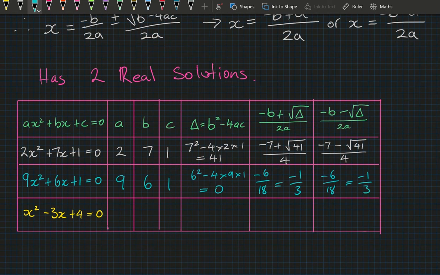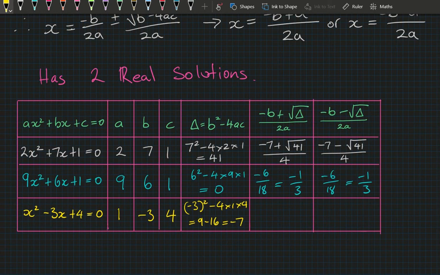Then for our last equation, we've got an a of 1, a b of minus 3, and a c of 4. So using some brackets so negatives don't get confusing, we end up with minus 3 squared minus 4 times 1 times 4, which is 9 minus 16, which is minus 7.